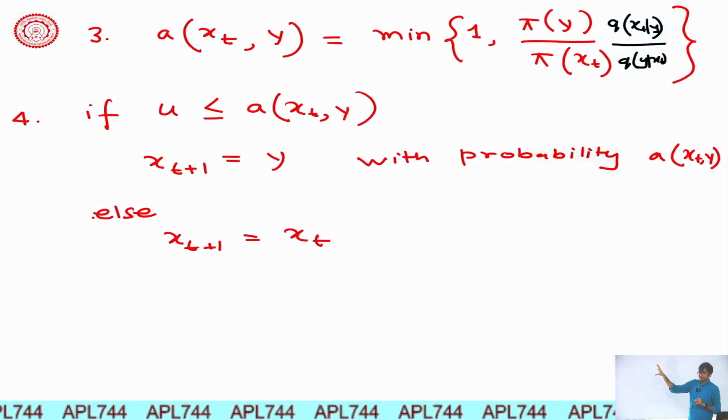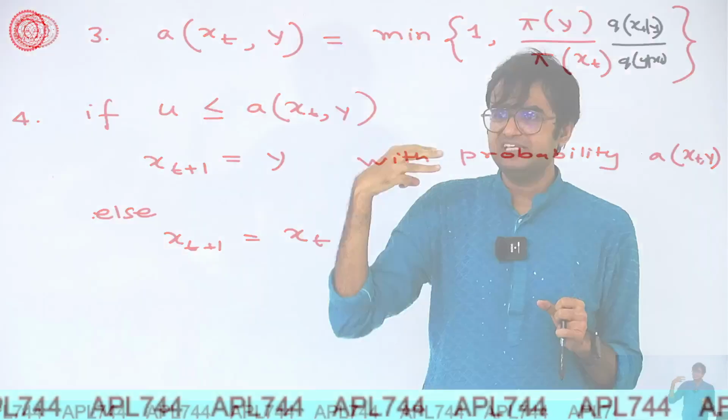Now, I have made a modification. Okay. Now I said there are 3 criteria, right? That the transition kernel should satisfy. What were the 3 criteria? The first one was pi invariance or detailed balance. The second one was irreducibility. Third one was aperiodicity.